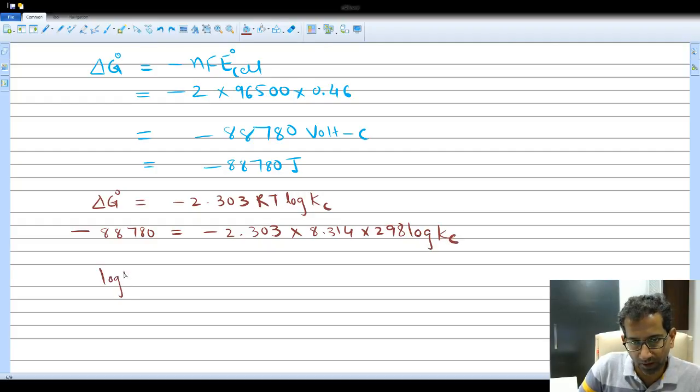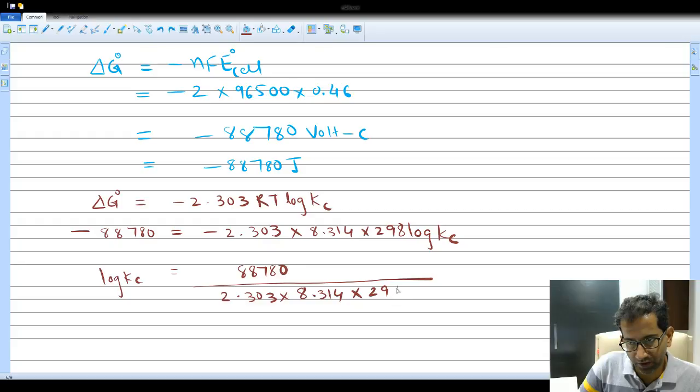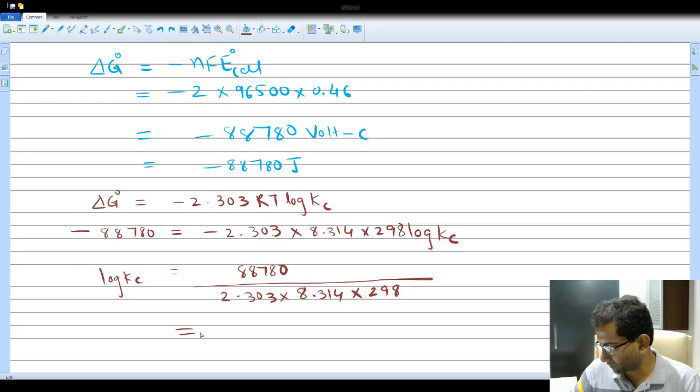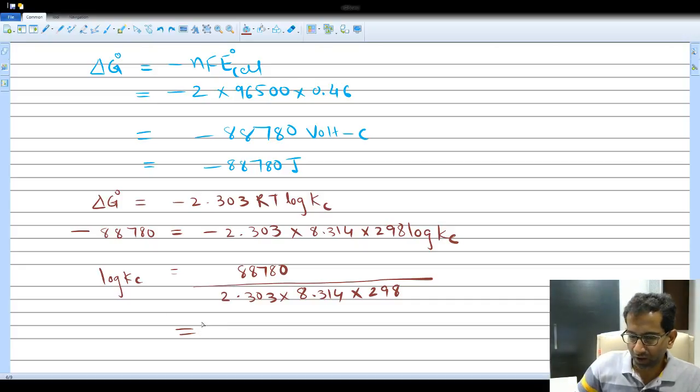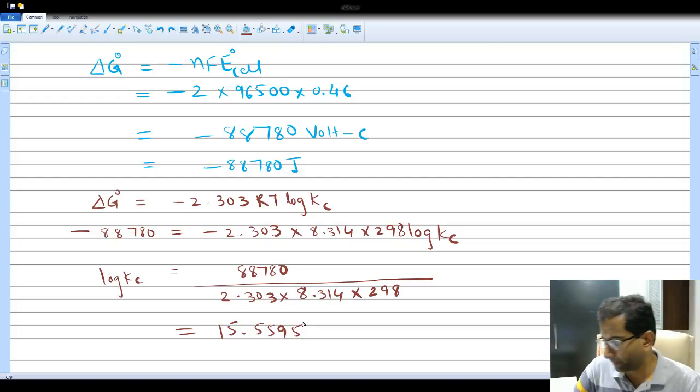Now log Kc equals 88780 upon 2.303 into 8.314 into 298, which comes to 15.5595.